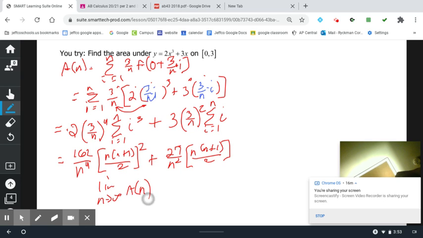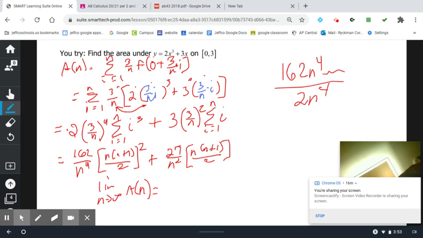When I take the infinite limit, this guy would be 162 times n squared, so 162 n to the 4th and stuff over 2n to the fourth.